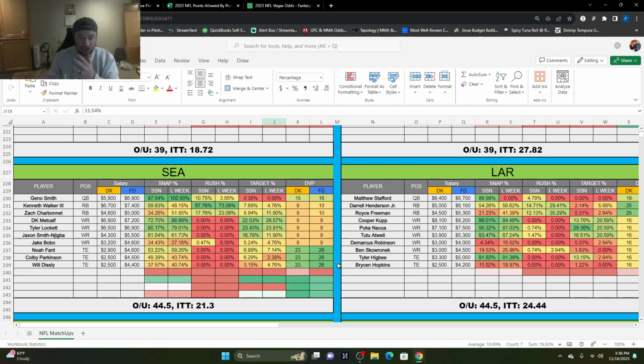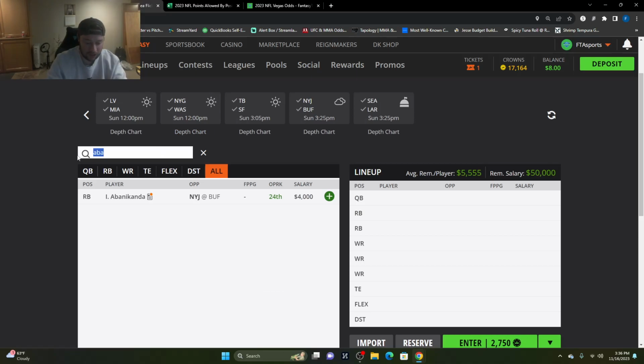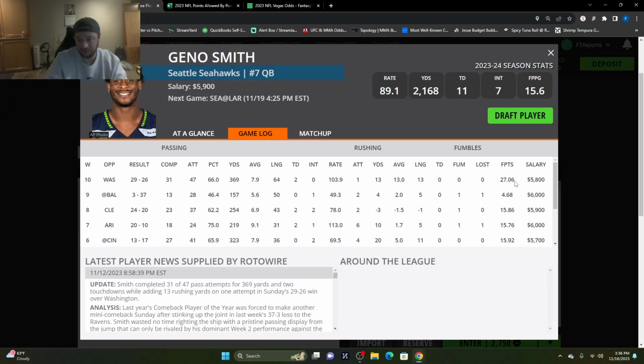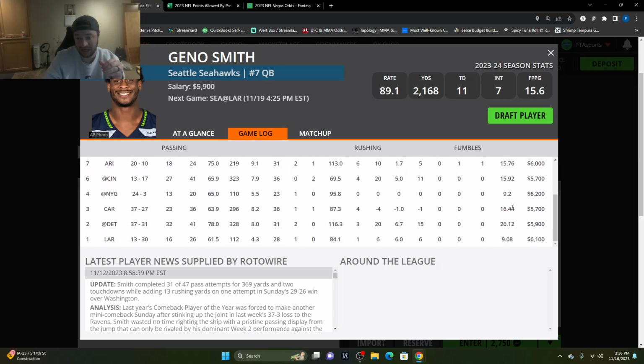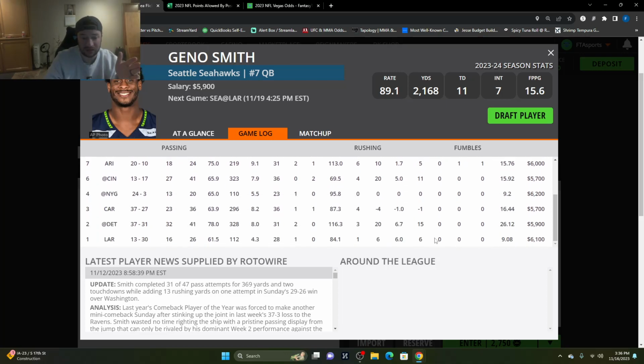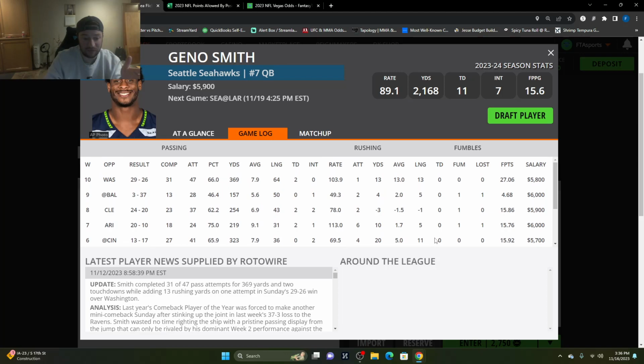Looking at this, Geno had a good story last year, coming back and just dominating, but a good game last week, put up 369 yards against Washington. Again, Washington's defense, they're very bad. They're the worst. That's his first good game since week 2. He's only really had 2 good weeks. He missed week 5, unless they had a bye.